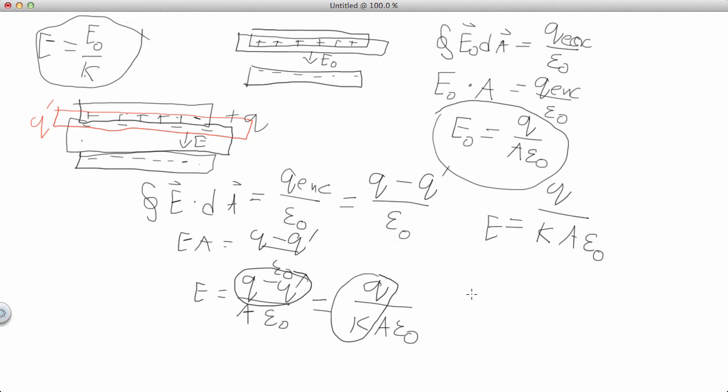So now that's why we can say that the integral of kappa E dot dA equals Q, because Q over kappa equals Q minus Q prime.